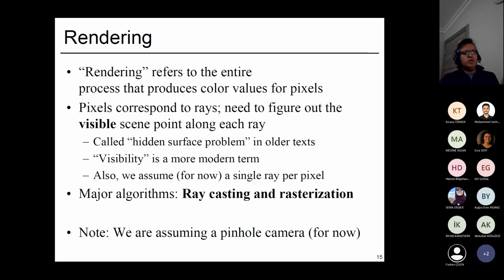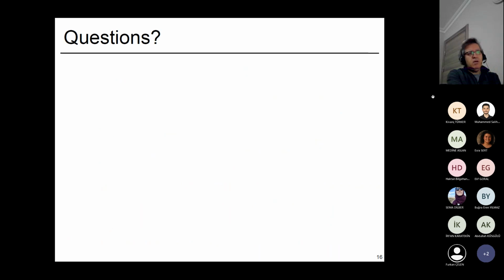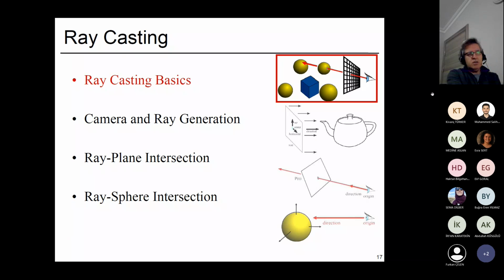Okay, so to do this, we have seen that there are two possibilities. One is raycasting, the other is rasterization, and we'll have a pinhole camera, or we may have other cameras as well, but we'll assume that for the time being we have the pinhole camera. And rasterization, we have seen before.